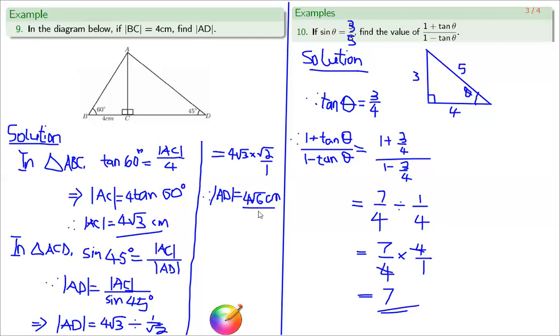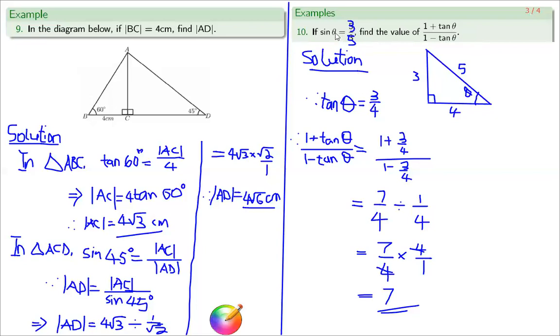Very simple and direct. Example 10. If sine theta is 3 over 5, find the value of 1 plus tan theta over 1 minus tan theta. Solution. So to solve this problem, it's advisable to sketch your right angle triangle and indicate where 3 and 5 should be.